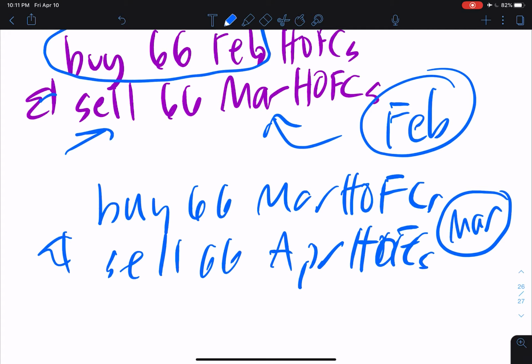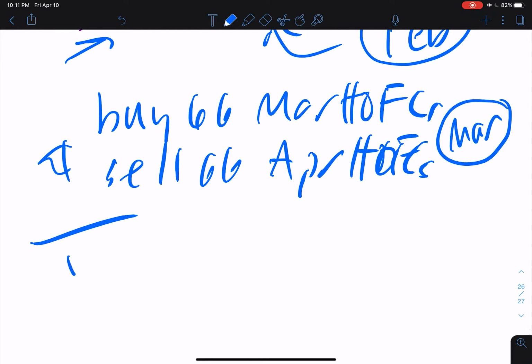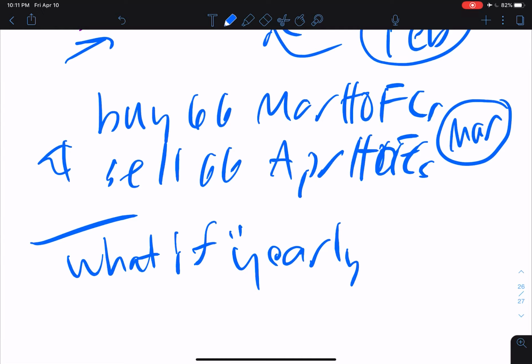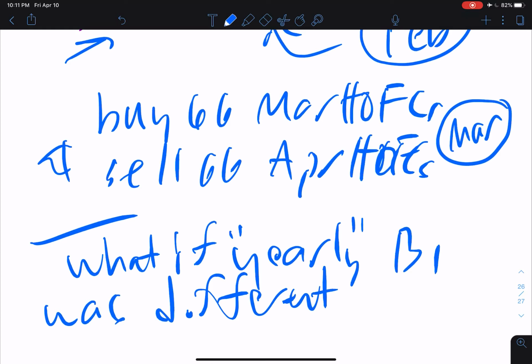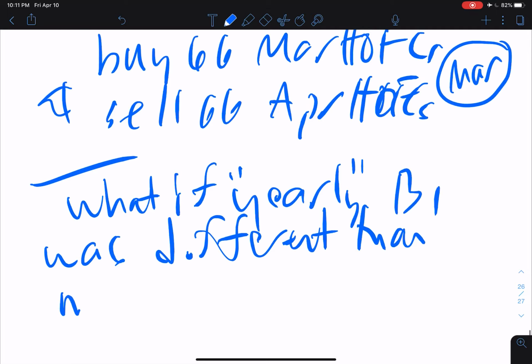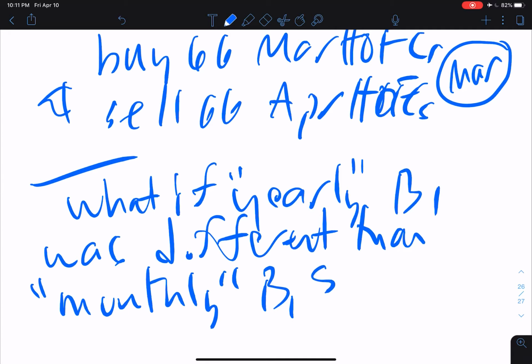But what if the yearly beta, this is a big question. What if the yearly beta 1 was different than the monthly beta 1s, plural there with the s?